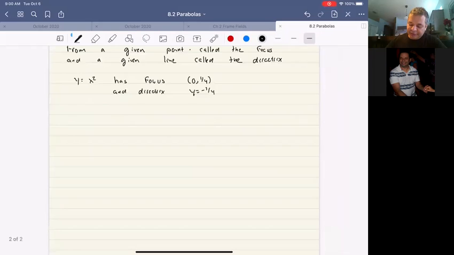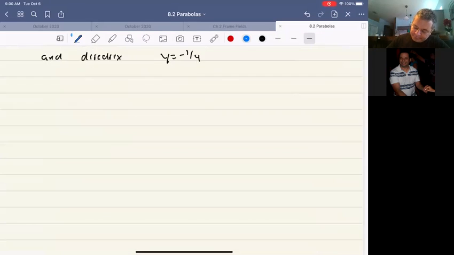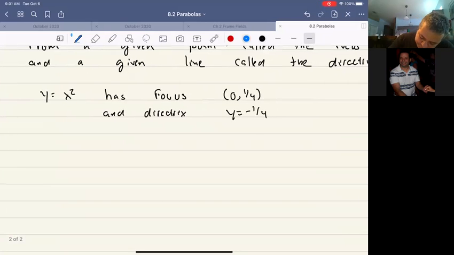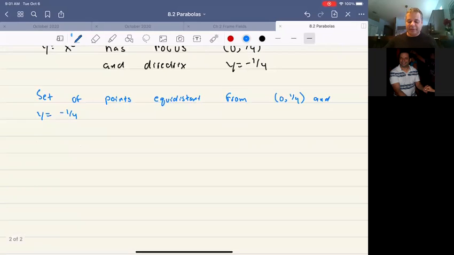Let's take the set of points that are equidistant from (0, 1/4) and y equals negative 1/4. Let's show that that gives us y equals x squared.